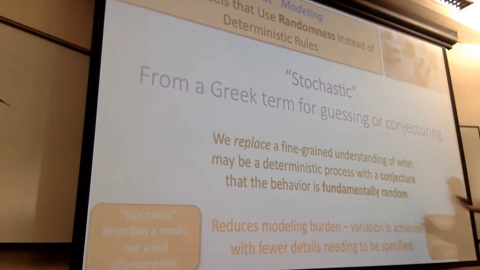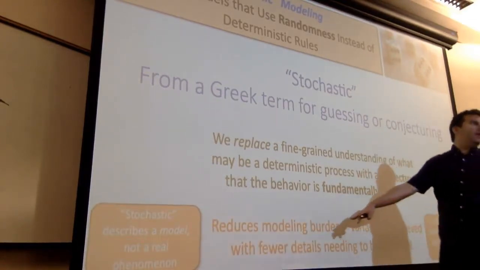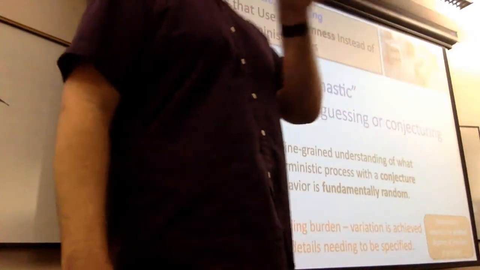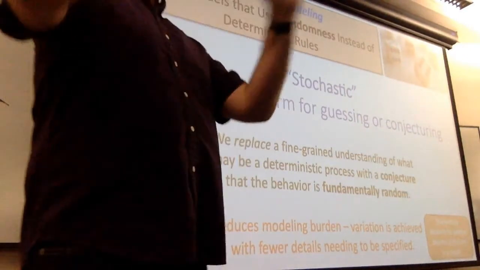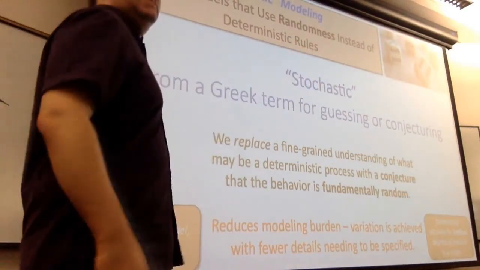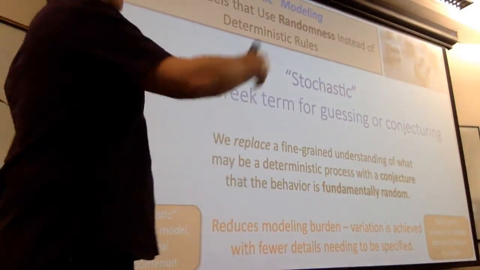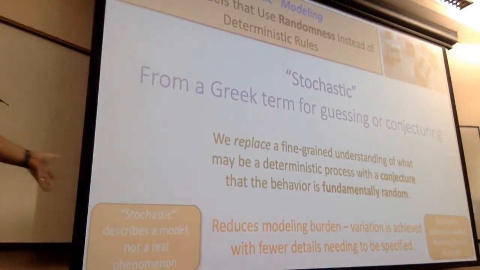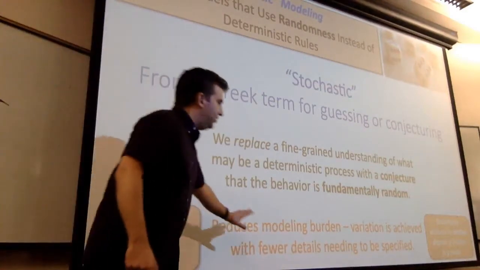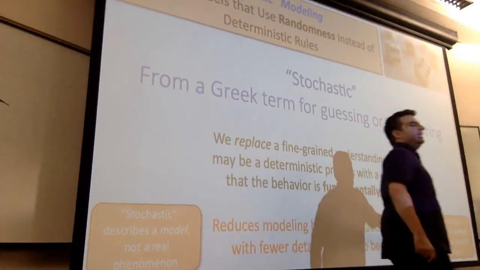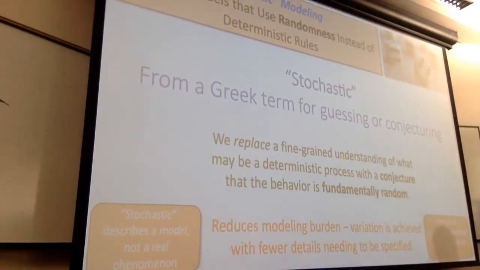And once we do that, it reduces our modeling burden because now we choose one or two parameters of a random distribution, of a probabilistic distribution, and we get variation that looks just like real variation. Compare that to that deterministic rule where we had like 15 parameters and we probably still would be wrong. So that's the beauty of stochastic modeling, is that we are substituting randomness for all these degrees of freedom that would be really difficult to pin down otherwise.